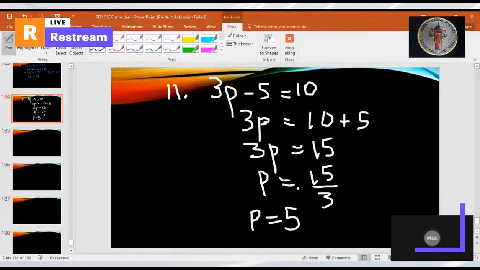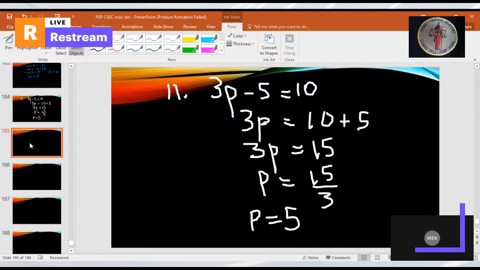If we plug this answer back into the original equation, if we substitute 5 where p is, we would have 3 5s, 15 minus 5, and that would give 10. So we know that our answer is correct because when we substitute it back into the original equation, put that value where the variable is and work it out, we get back the answer.